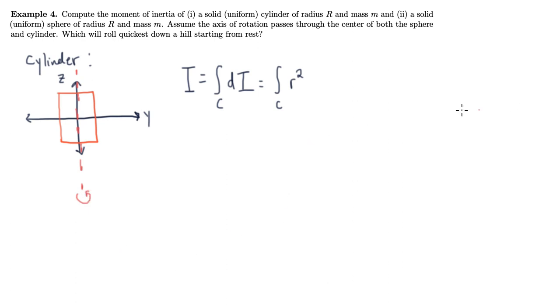Axis of rotation. So r is the distance from the axis of rotation, and here I've set it up so that it actually corresponds to the polar coordinate r. And then I integrate r squared over the mass elements that make up the cylinder. And so I want to isolate a mass element that's a constant distance away from the axis of rotation.